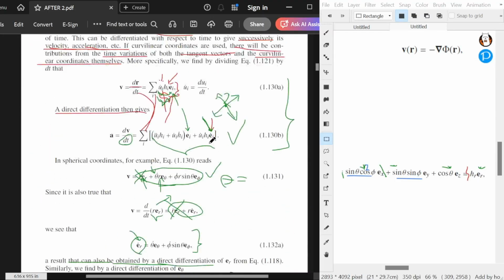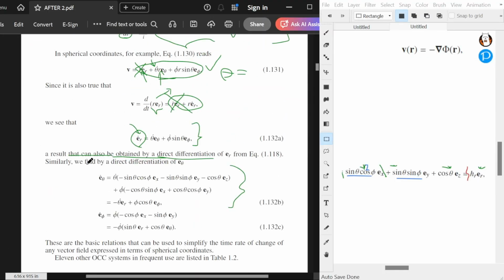Okay. We find by a direct differentiation the result that can also be obtained by a direct differentiation of e_r. They're doing it with e_theta down here, so let's just look at this. I did all this work to bring this guy down here, but let's just do this. Change color because I want to. E dot theta. Wait. Oh my God.